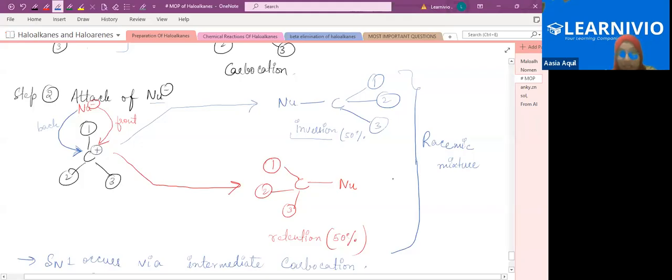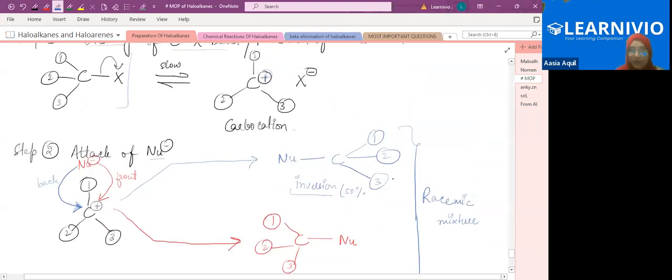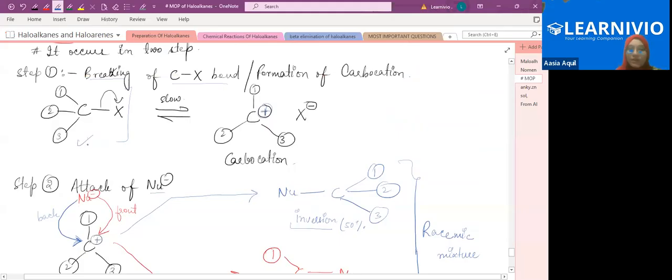Retention product is basically a similar arrangement; the arrangement of substituents is the same as that of the substrate. So if it is similar to the substrate, that is a retention product, meaning the arrangement and orientation of molecules is the same as the substrate.